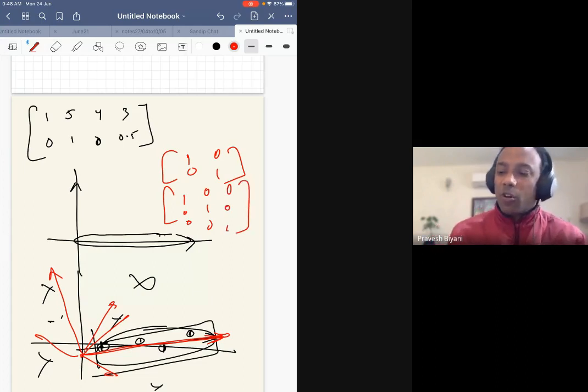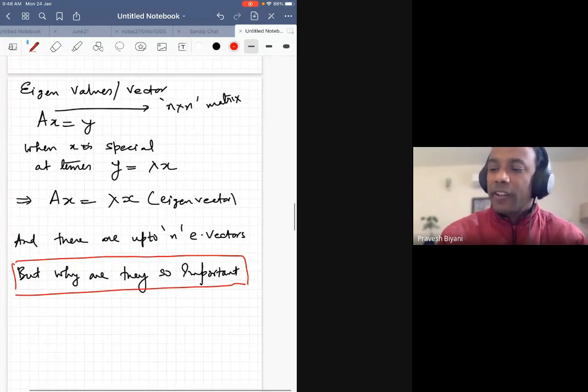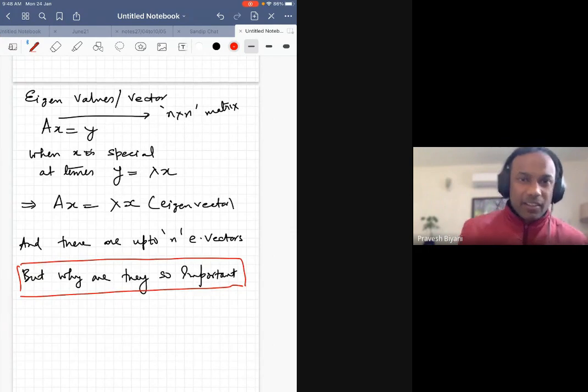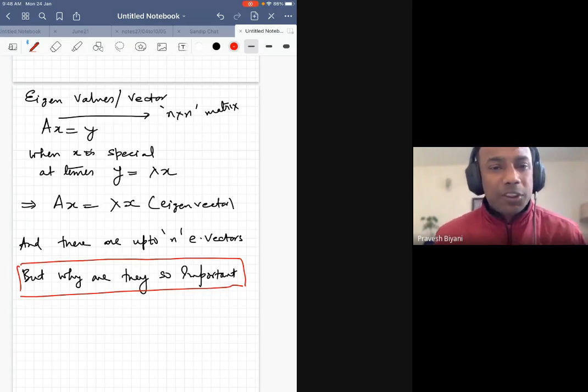Obviously they can always represent any data, but are there better bases to represent data? That's the question we're asking. Let's not even call it better right now. A different basis. So eigenvalue and eigenvector decomposition is towards that side.